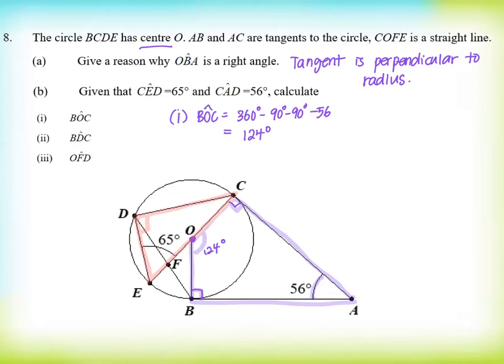Angle BDC is the angle at the circumference. So if this is the angle at the circumference, we can link it to twice to the angle at the center. Angle at the center is twice the angle at the circumference. So for part 2, angle BDC will be taking the angle at the center, 124, divided by 2. And that gives us 62 degrees.